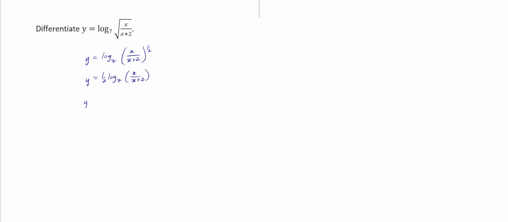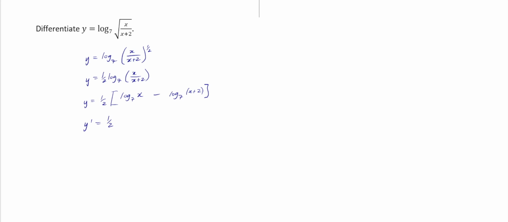And then I have to recall that I can use my logarithm laws right there, and I can say log base 7 x minus log base 7 bracket x plus 2. Okay. Constant multiplier, I don't need to worry about that. So I'm going to say 1/2 right there.